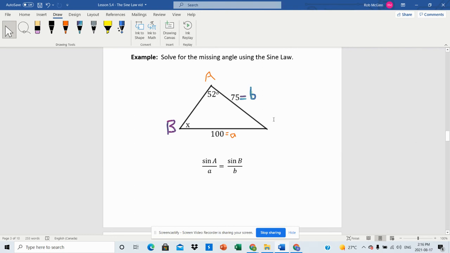And we should see that from up here. Oh, sine of 52 divided by the side length of 100. Yep, that's my opposite side. That's how I know it's little a. And that's going to be equal to the sine of my unknown angle divided by the side directly opposite that, which is little b, and has a side length of 75 units.